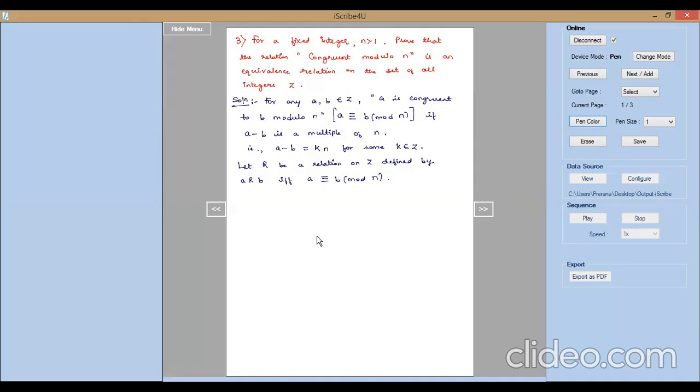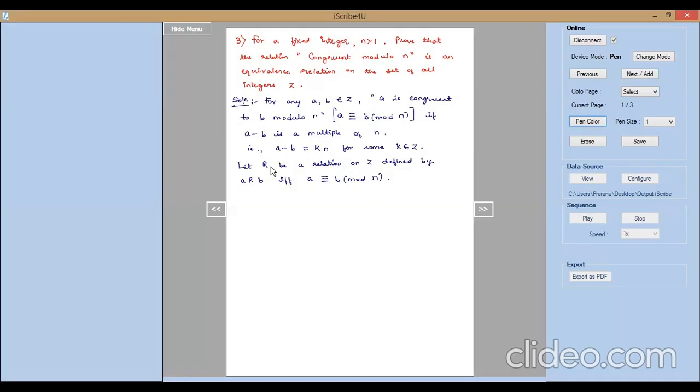We have to relate and write down the relation R now. Correct? We need not rewrite it in defined form of it. So we have to now correlate and write down the relation R on Z as A is related to B. Any element a comma b belonging to the set, A is related to B if and only if A is congruent to B mod n. That is how we have defined the relation R.